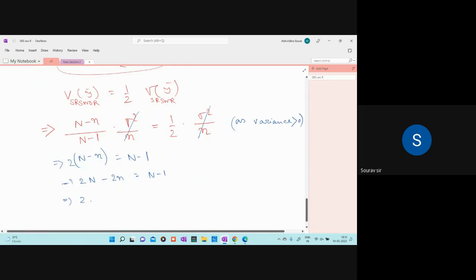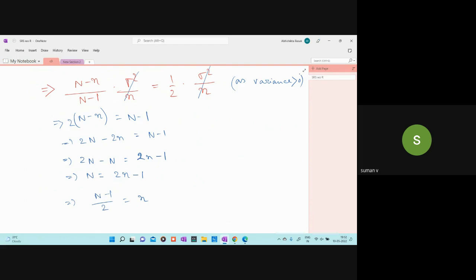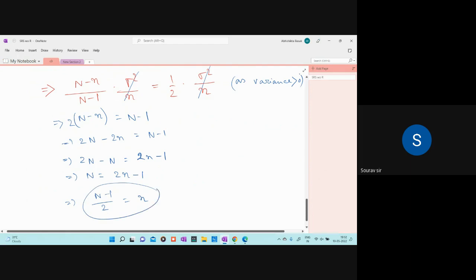So we are getting 2N minus N is equal to 2n minus 1, that is N is equal to 2n minus 1. How are you getting this? This is the answer you said? Yes, ma'am. I stopped at 2n minus. Okay, so this is the value of small n because we needed the value of small n.